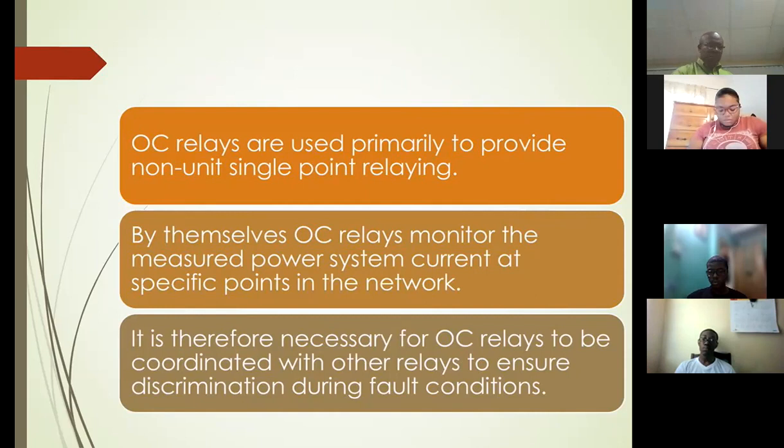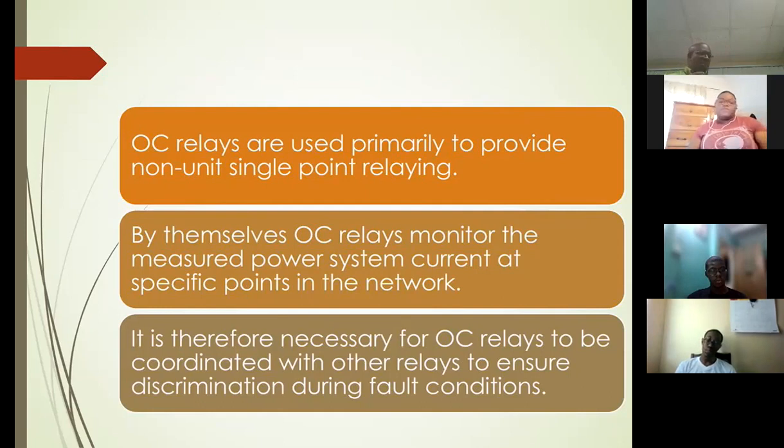So it means, therefore, that if you have overcurrent relays within the system and we want to achieve what we would have spoken about some time ago, which is discrimination, you want to ensure that only the right portion of the circuit is removed from service. And when I say right portion, I mean that portion that is under fault, right?